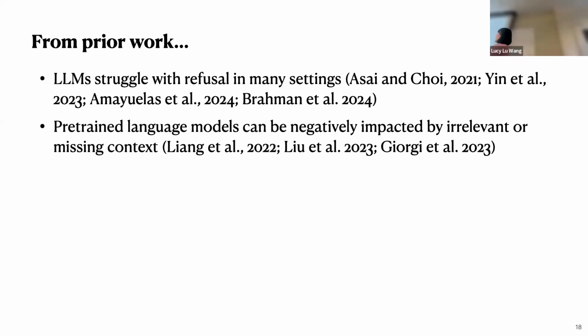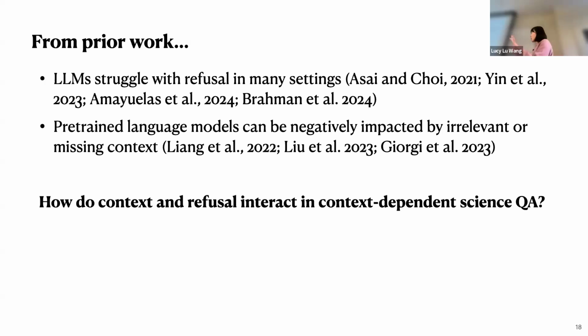So we know that pre-trained language models can be sensitive to irrelevant or missing context in these context-dependent settings. So the goal of this work was to try to understand the interaction here. So how does context and refusal interact in these context-dependent science QA settings?